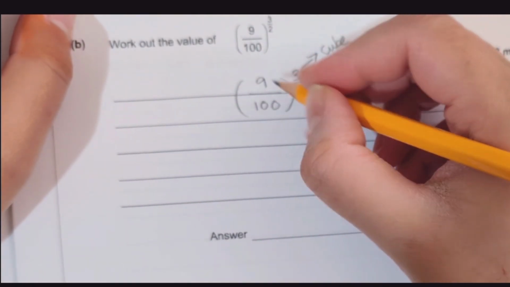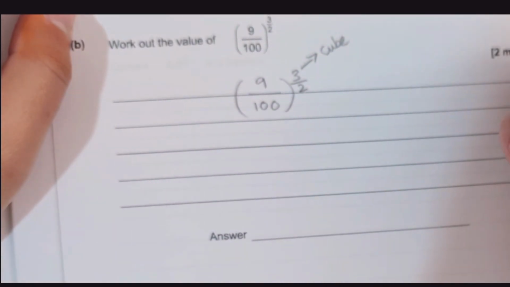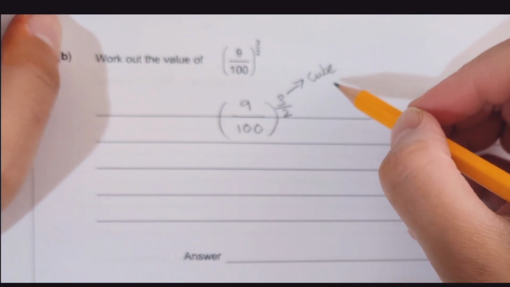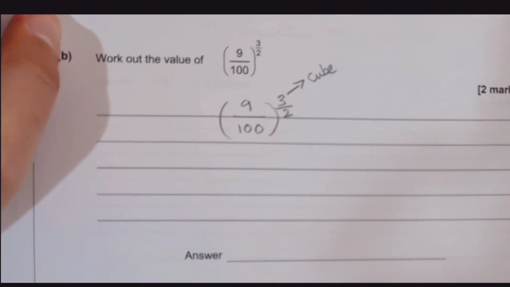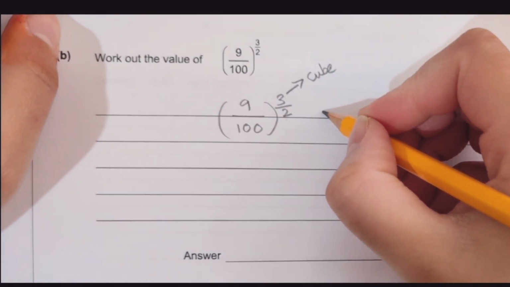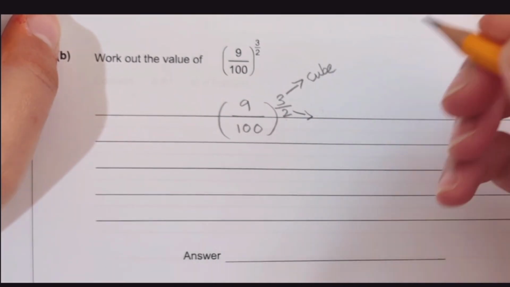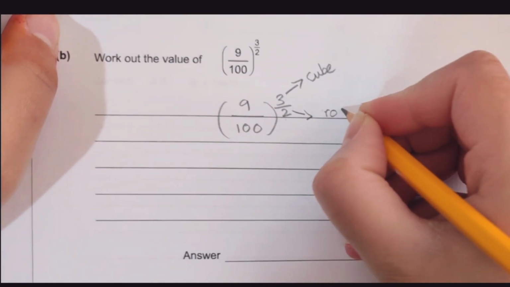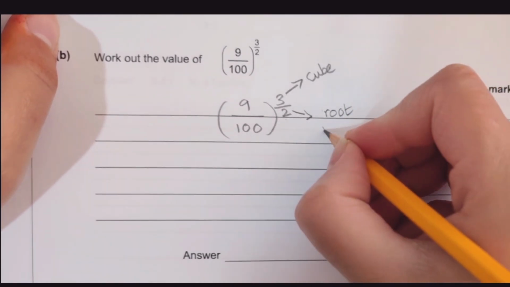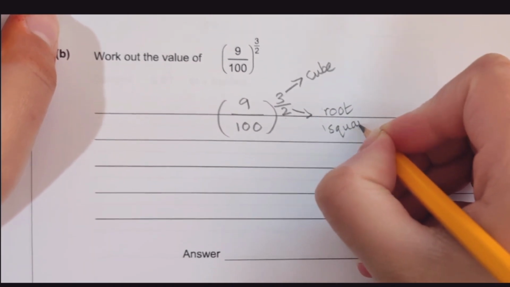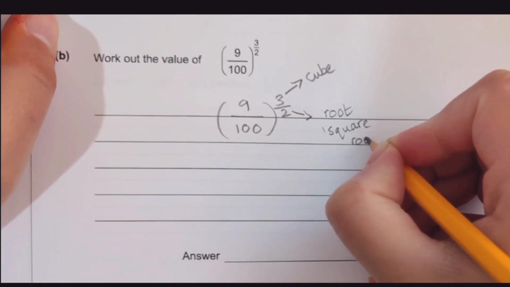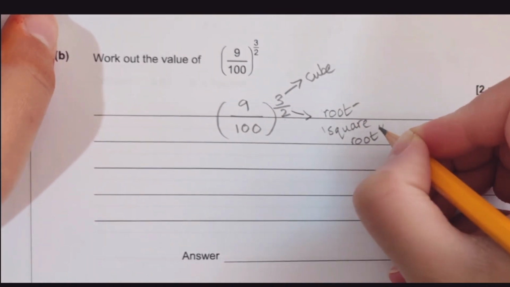So this fraction is being raised to the power of 3, so we're going to be cubing it essentially. And the denominator is always the root that we're trying to work out. In this case, it is the square root that we are working out.